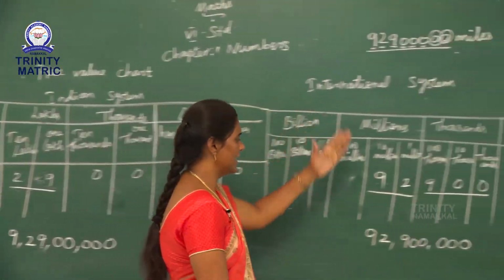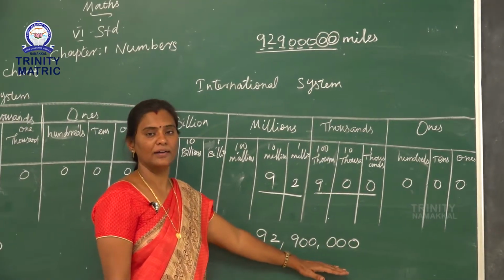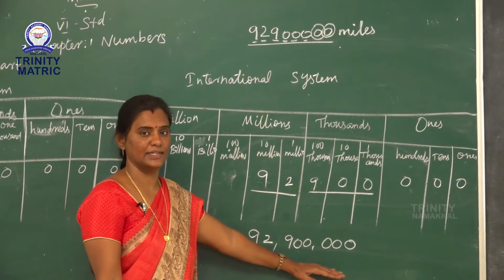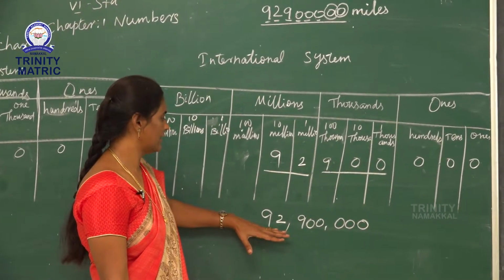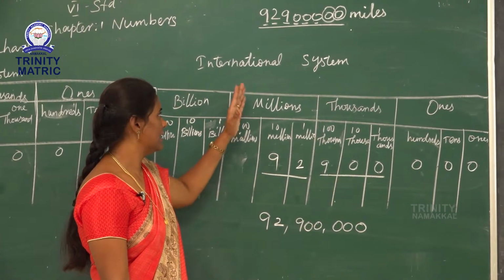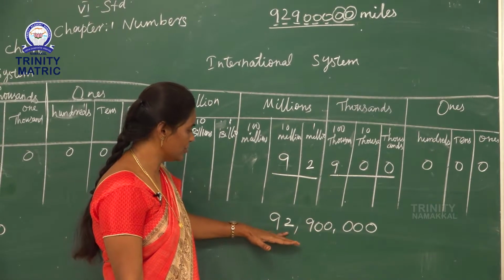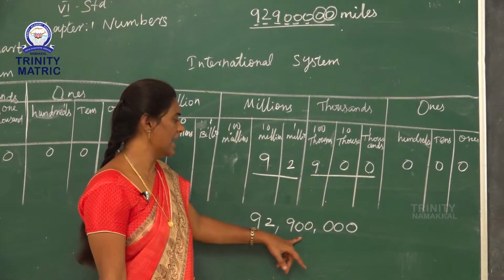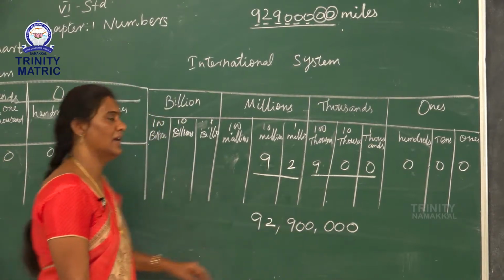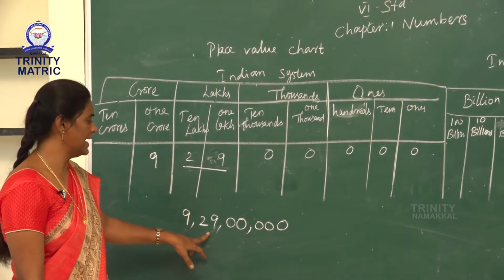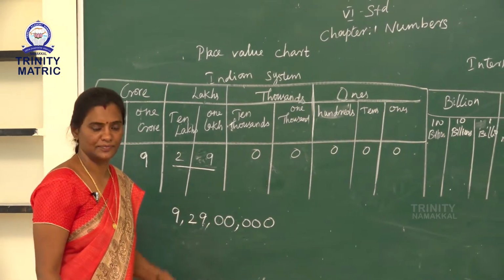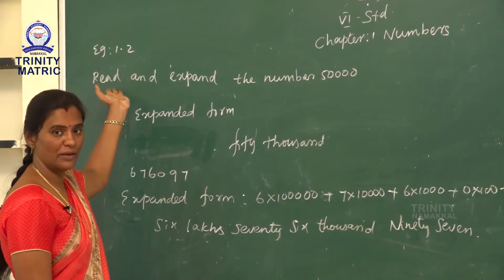In international system, we put comma every 3 digits from right to left. In international system, the miles is read 92,900,000 miles. In Indian system, we read 9 crore 29 lakh miles.